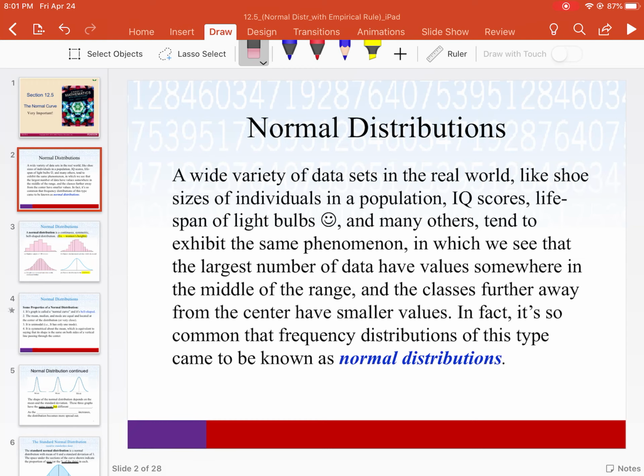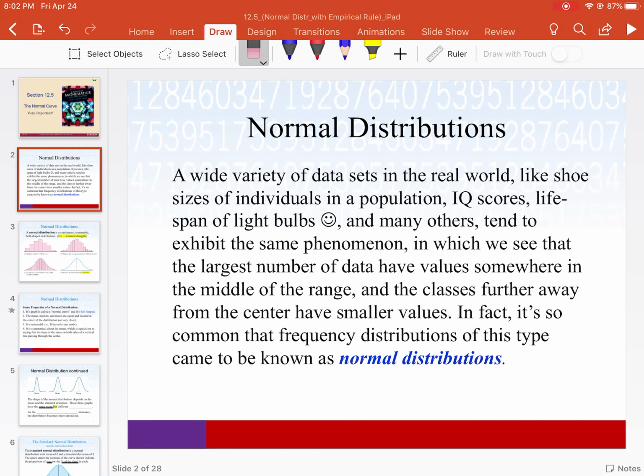Things like shoe sizes, heights, weights, IQs, lifespans of light bulbs, how long your tires last, how likely you are to get in an accident. These things occur within the scope of life, right? You can't change your shoe size or your height, so you can't bias something like that.